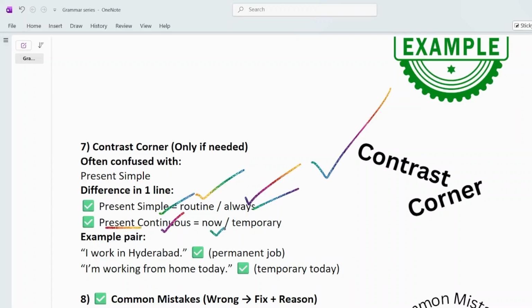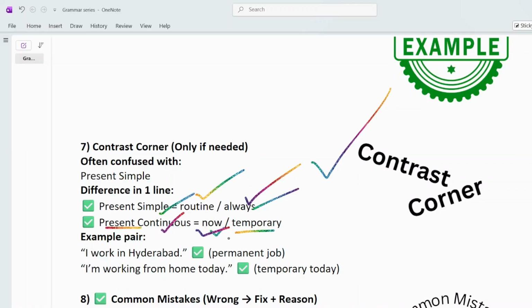The verb always picks up the ing word as its friend, like working, walking, swimming, things like that. So present continuous deals with actions that are happening right now, and also keep in mind temporary situations. Great. Let's look at an example pair to understand it better.